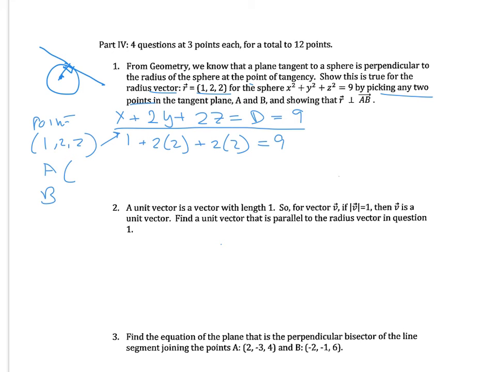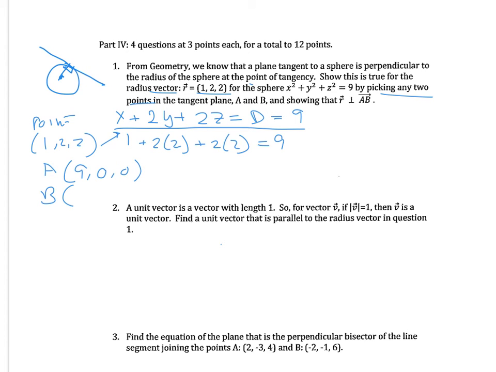One trick would be to say, if you've got a plane like this and you're trying to come up with some points that are in the plane, go for the x, y, and z intercepts. They're easy to find. For example, the x-intercept would be where y and z are equal to 0. So that would be the point 9, 0, 0.